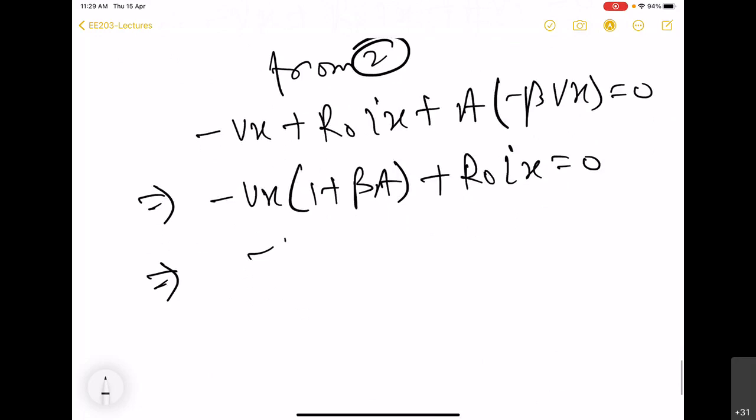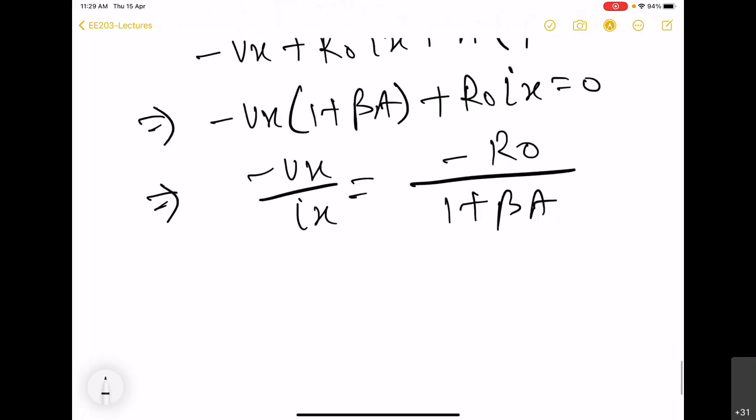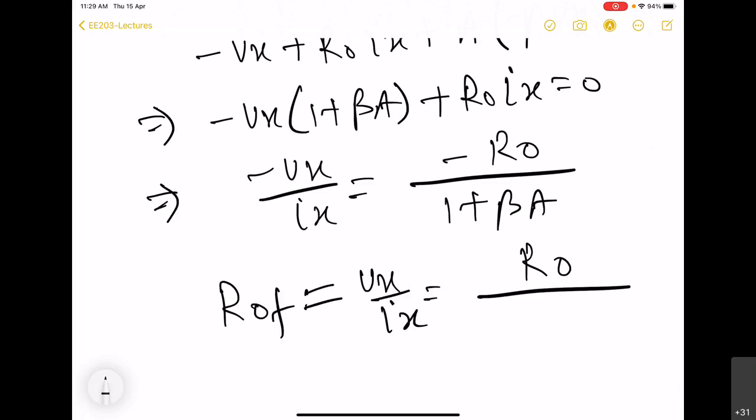So this implies Vx by Ix is equal to RO divided by 1 plus beta A. So ROF, the overall output impedance, is RO divided by 1 plus beta A.